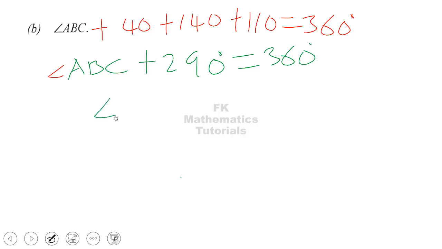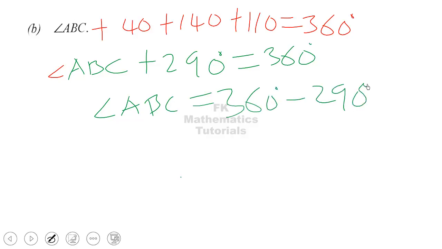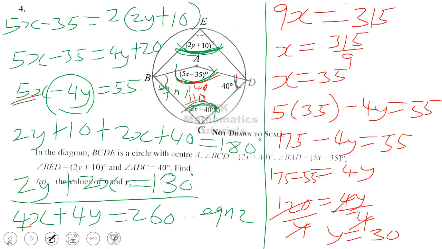So angle ABC will be equal to 360 degrees minus 290 degrees, and that will be equal to 70 degrees. So we are done with angle ABC.